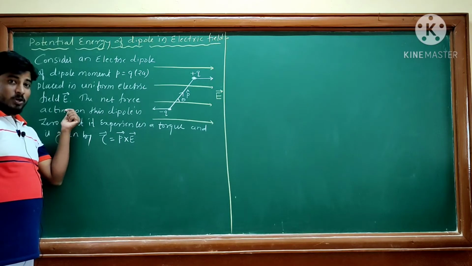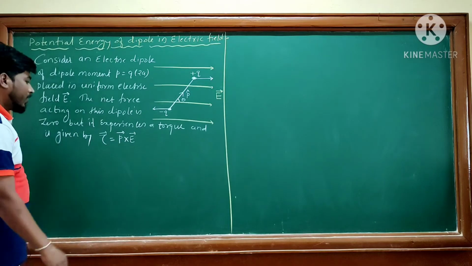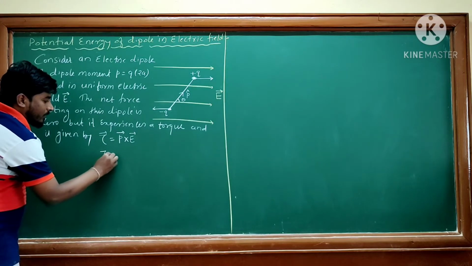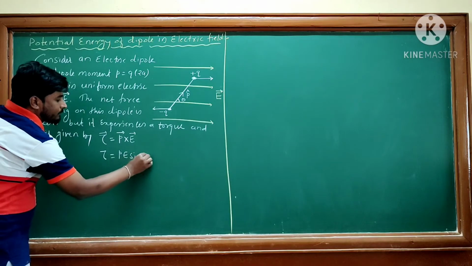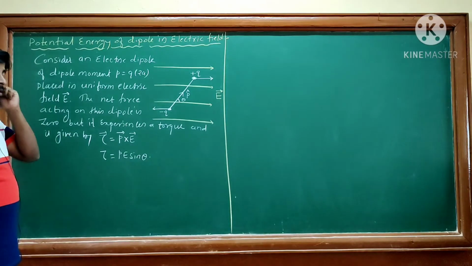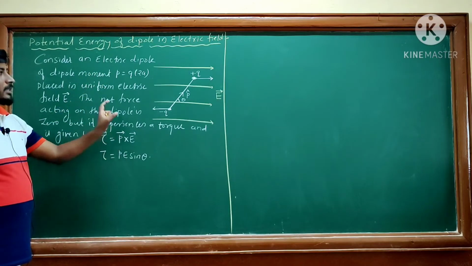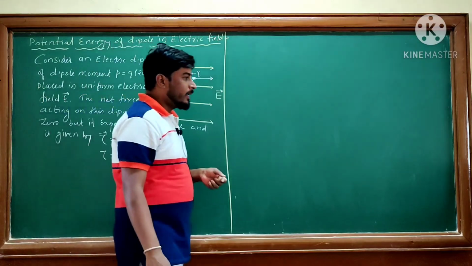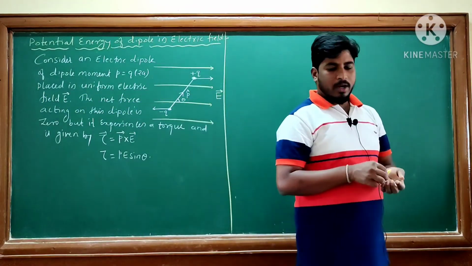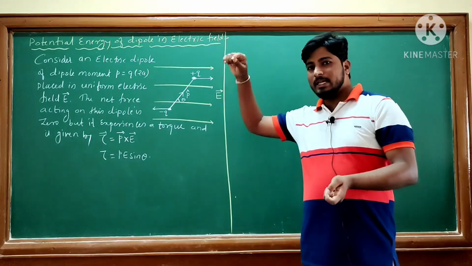It will experience a torque, given by tau is equal to P cross E. The magnitude is tau is equal to PE sin theta, where P is the dipole moment, E is the uniform electric field, and theta is the angle between P and E.